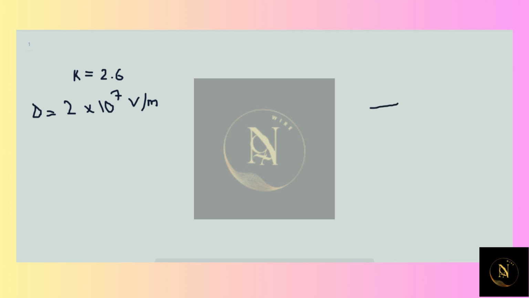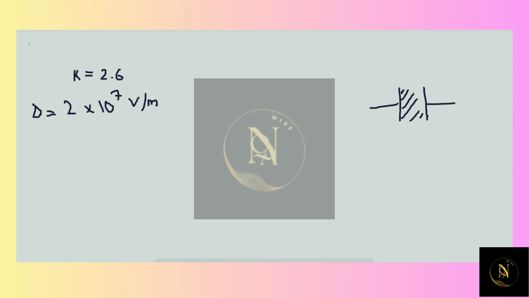So we have a parallel plate capacitor in which, instead of air, we now have a dielectric material, which is polystyrene. In the first part of the problem, we need to find the electric field between the plates.